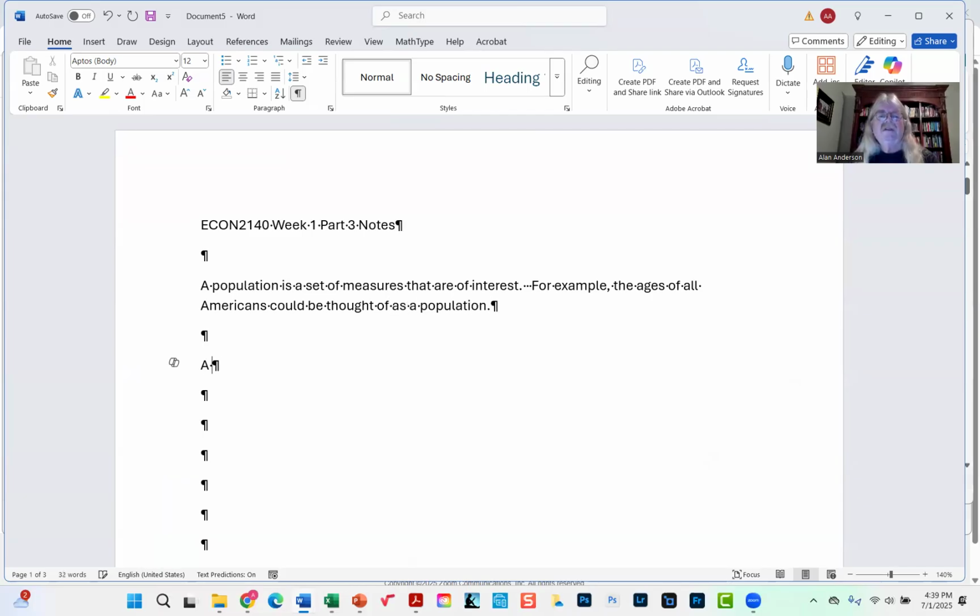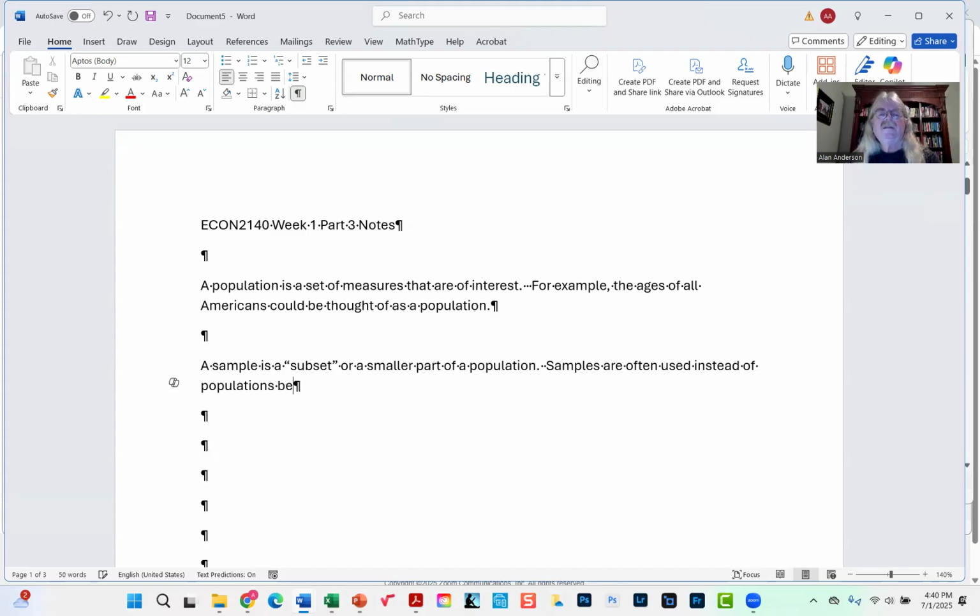Whereas a sample is formally defined as a subset or a smaller part of a population. Samples are often used instead of populations because drawing samples is quicker and cheaper than analyzing an entire population.